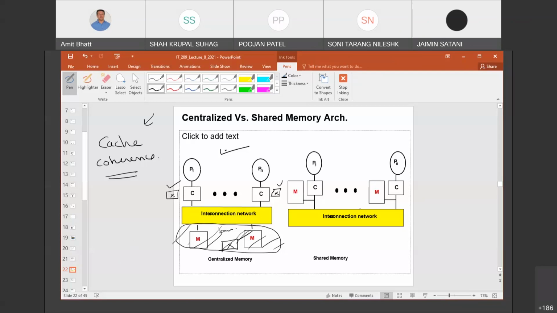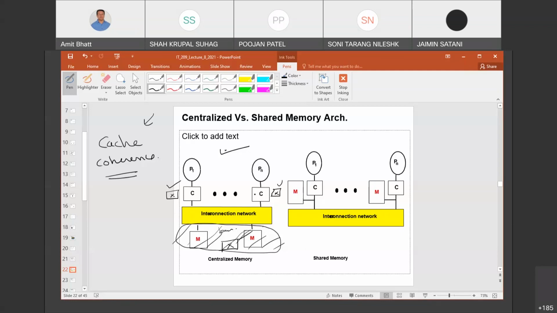Then you have to use a different approach for cache coherence. I'll just name it, but I will not discuss it. So do you see the point, Tarang, what the upper limit is? Yes, sir. The size of the interconnection network will limit the number of cores.